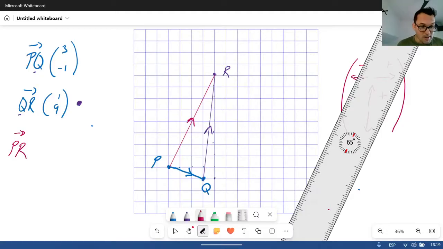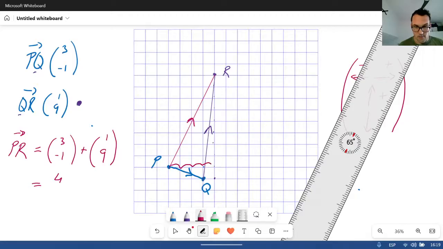If we just add them together, which means we do 3 minus 1 plus 1, 9, we'll get that line. See, 3 plus 1 is 4. Look at this: 1, 2, 3, 4. Minus 1 plus 9 is 8: 1, 2, 3, 4, 5, 6, 7, 8.